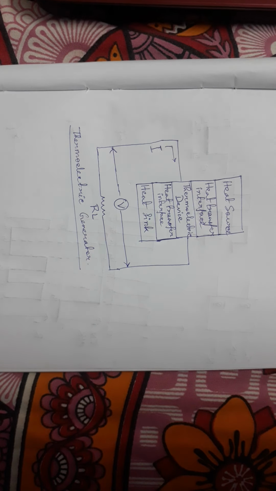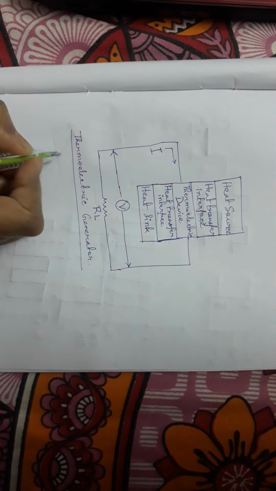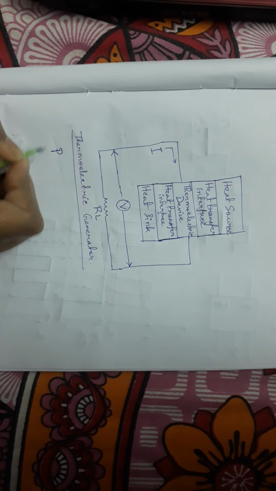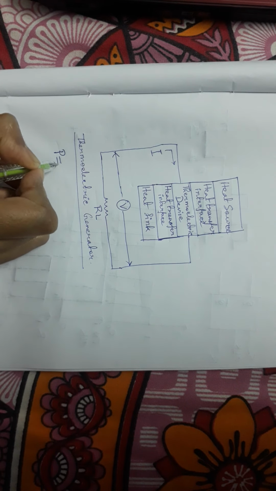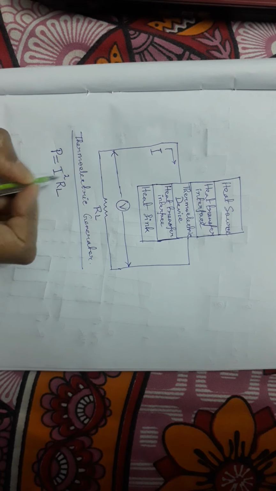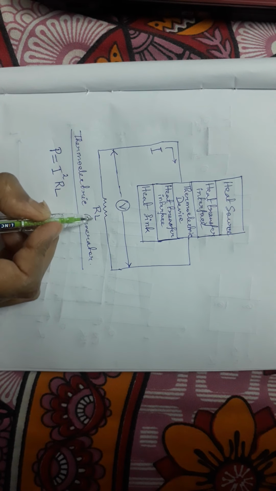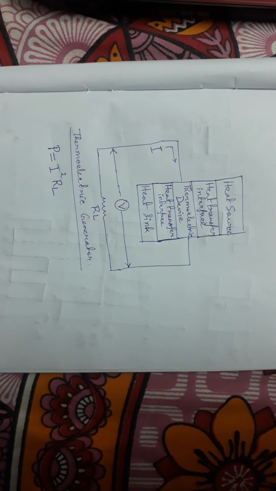The power generated by this Seebeck power generation is single-phase DC, and the power is given by P equal to I square RL, where I is the current flowing across the loop and RL is the external resistance connected.